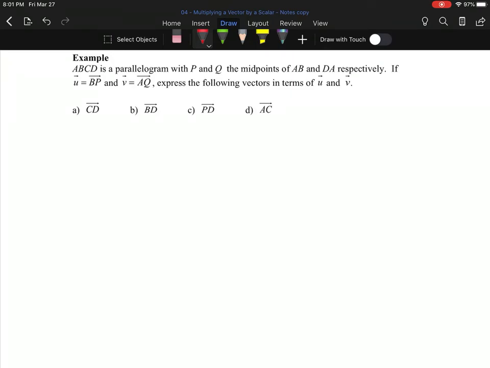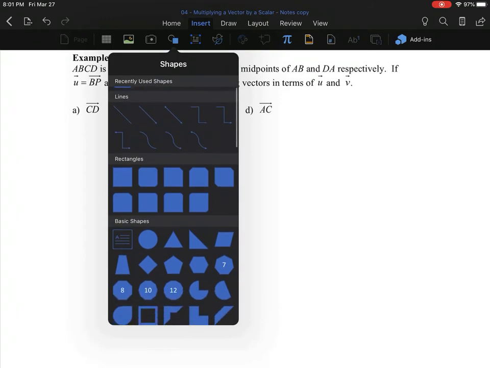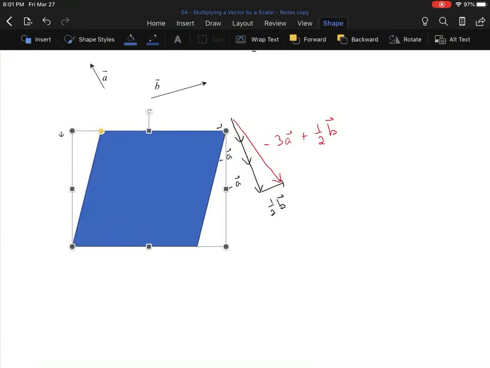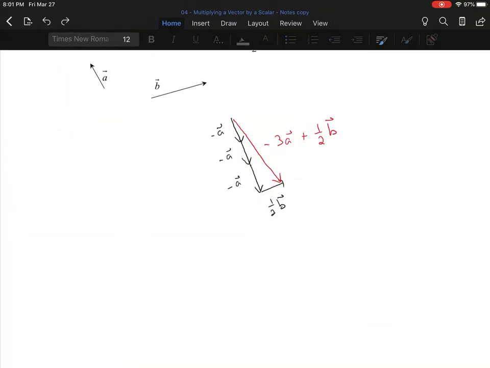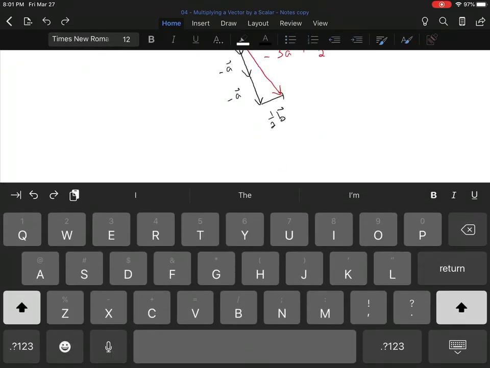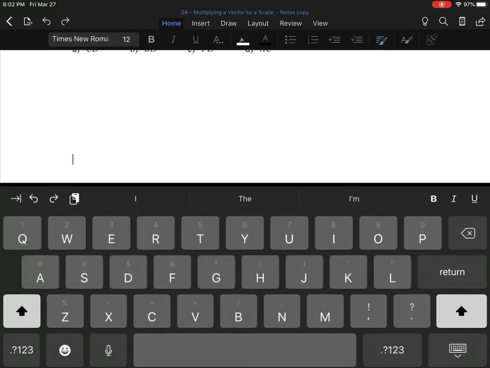Okay, just give me a second to patch this all together because I'm going to have to insert some stuff here. Shapes. Ooh, I got a parallelogram. How exciting. Oh, it wanted it up there. So let's get rid of that for a second. I know how to fix this. Get rid of that keyboard, and then back to here. Get rid of that keyboard, back to here.